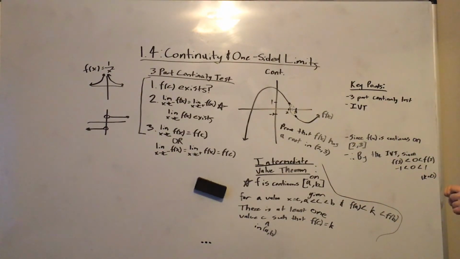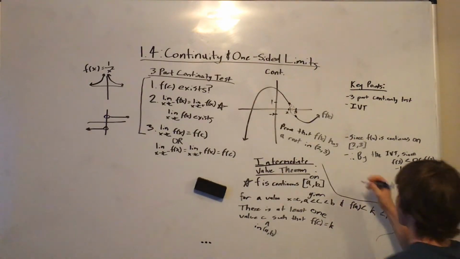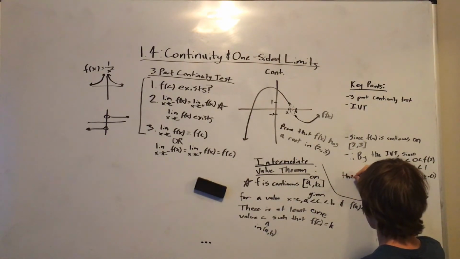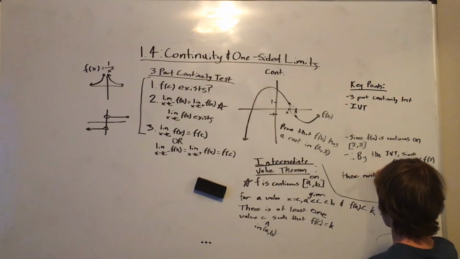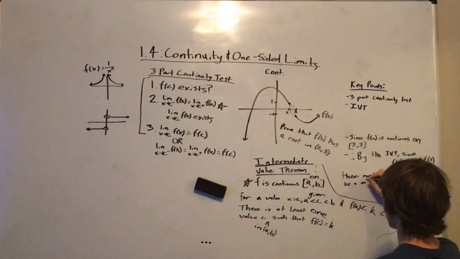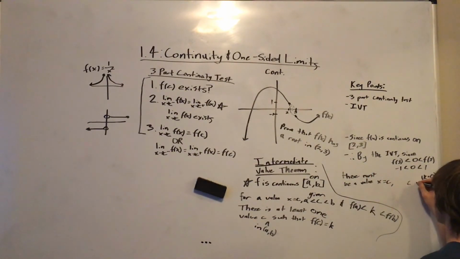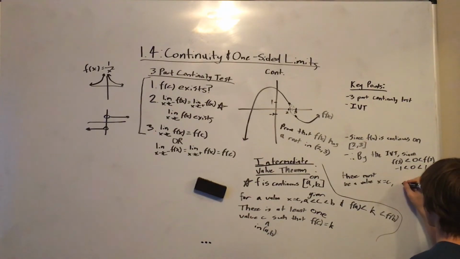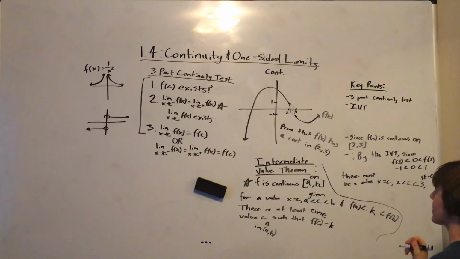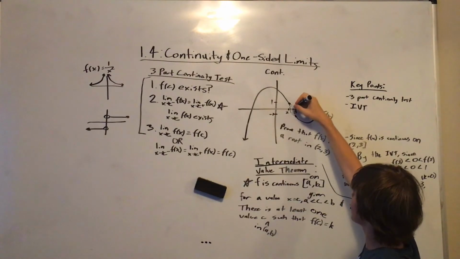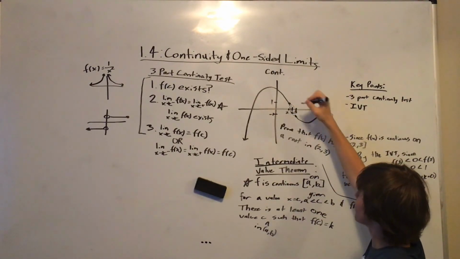By the IVT, since 0 is between f of 3 and f of 2, there must be a value x equals c, given that c is less than 3 but greater than 2, because somewhere in here is going to be a c where there's a root.